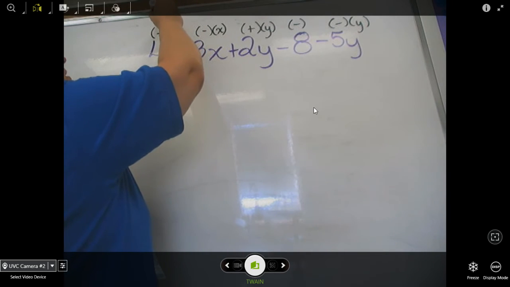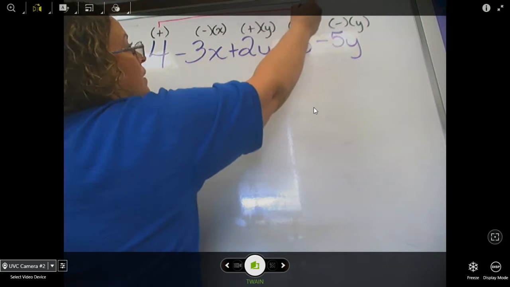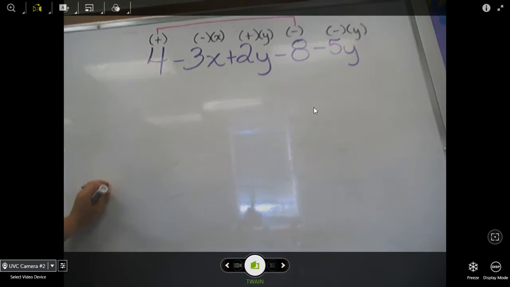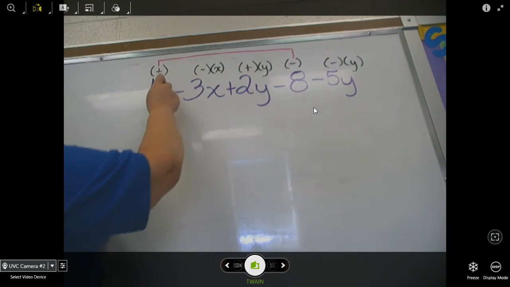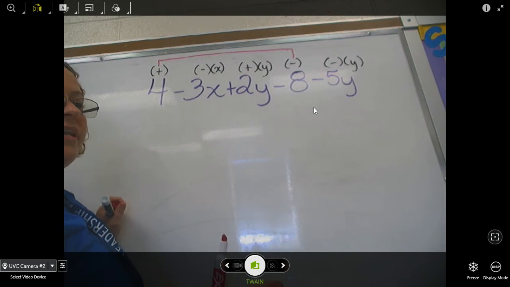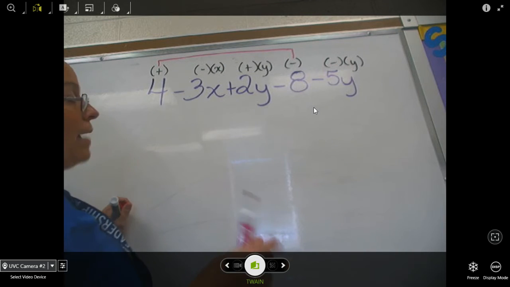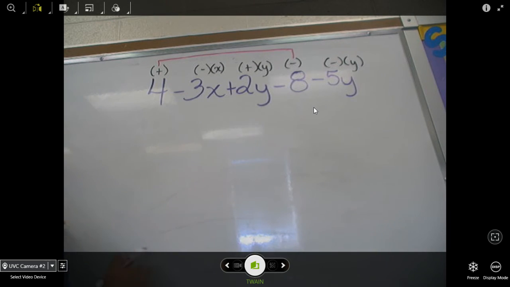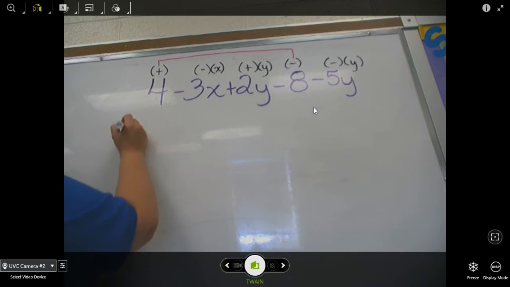So this goes with this. Oh, can you see my line? There we go. Why? Because all they have are signs, right? There's no X, no Y, no nothing else with it. Those go together. So I'm going to bring it down. And I usually have my students do this in steps. So this is a +4, and I have a -8.